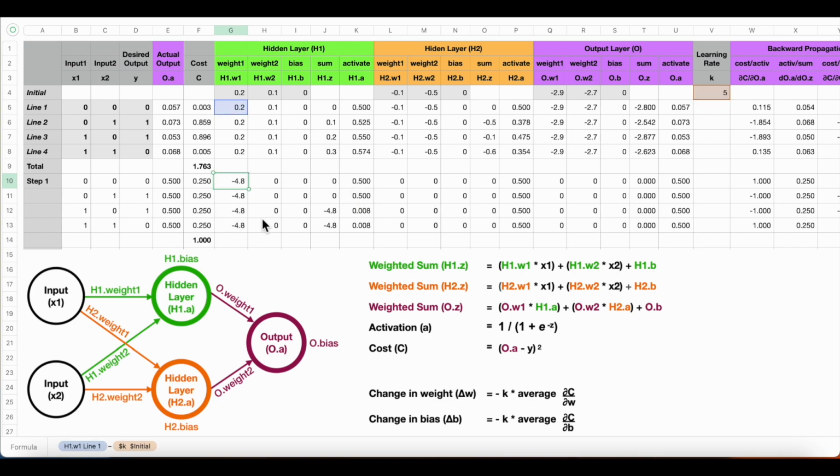And what I'm going to do is copy that part of the formula.